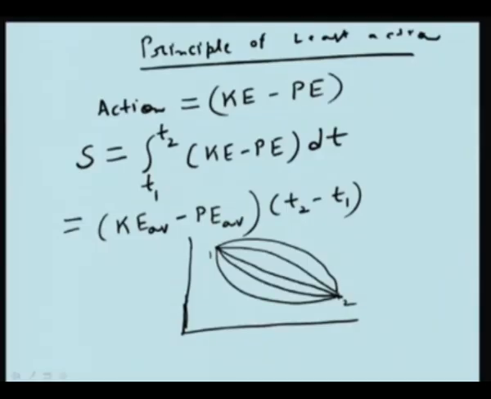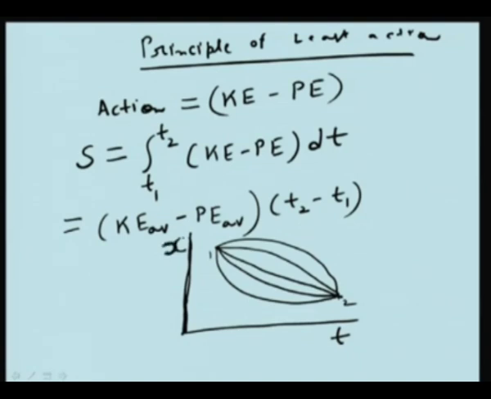We can show from the principle of least action that a free particle that starts from one position at time t1 and arrives at a different position moves along a straight line. Here, this is the time, and this is the particle's position x.